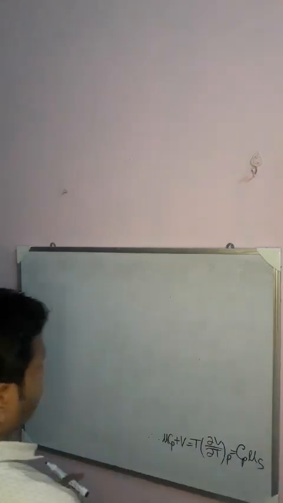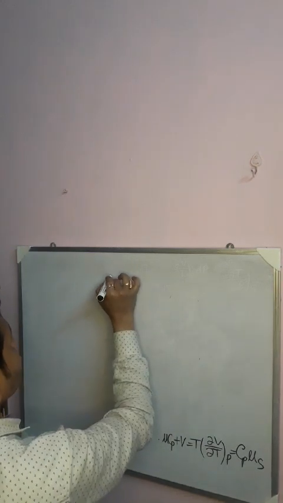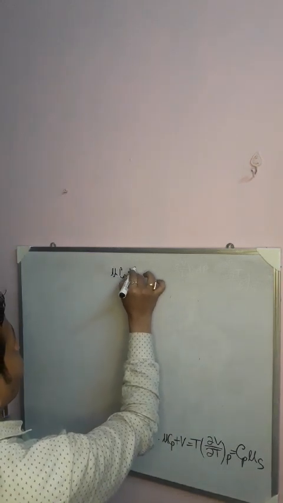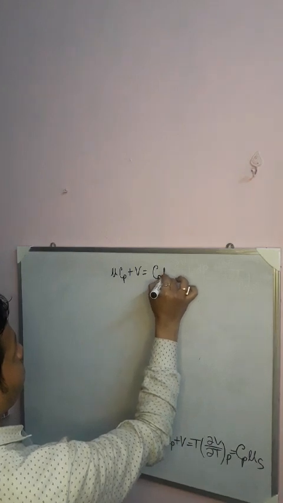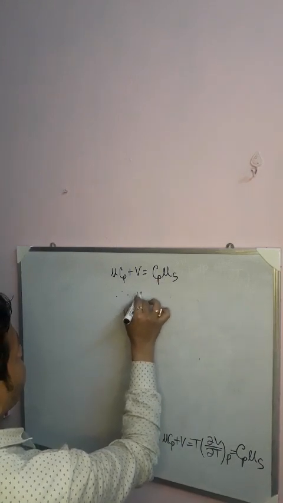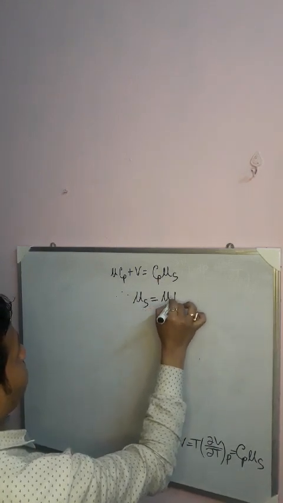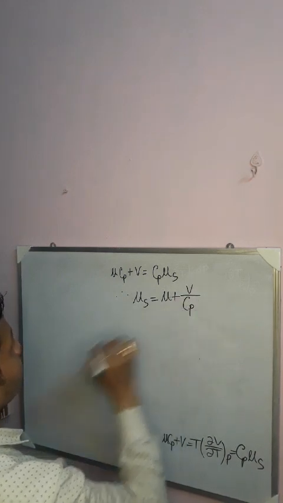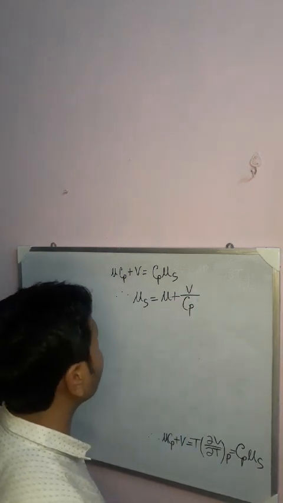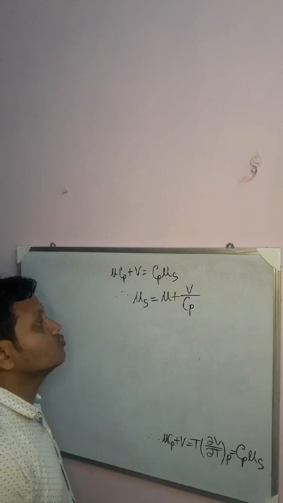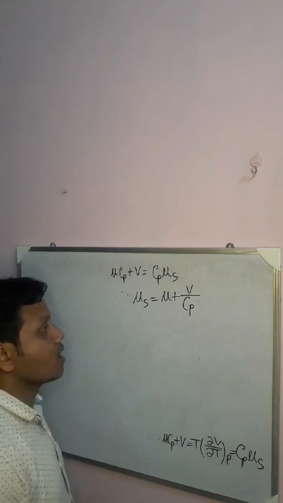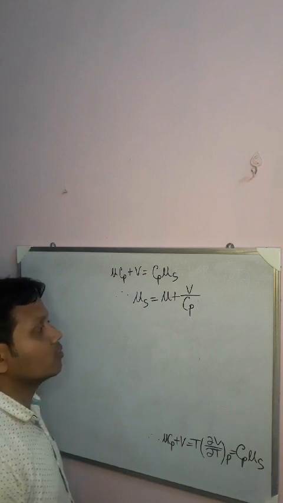So we get mu Cp plus V equals Cp mu s. Now what will be my mu s? Just divide both sides by Cp. So we obtain the result: mu s equals mu plus V by Cp.